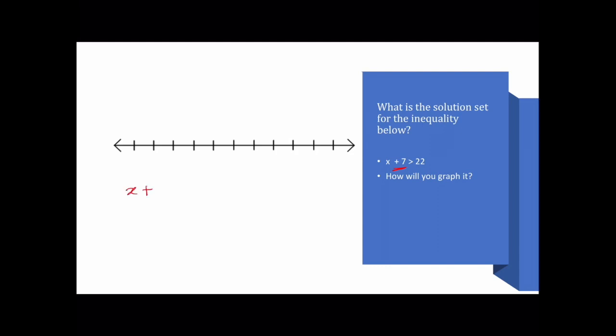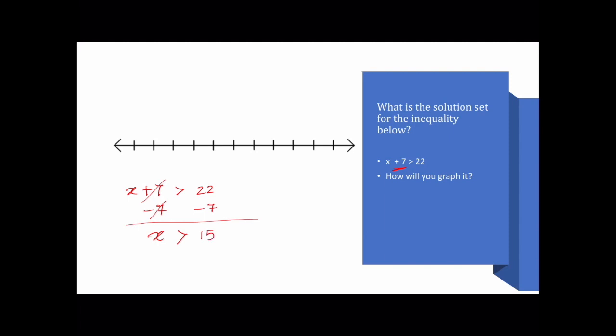Subtract 7 from both sides. 7 subtract 7 is 0, so x is greater than 22 minus 7, which is 15.